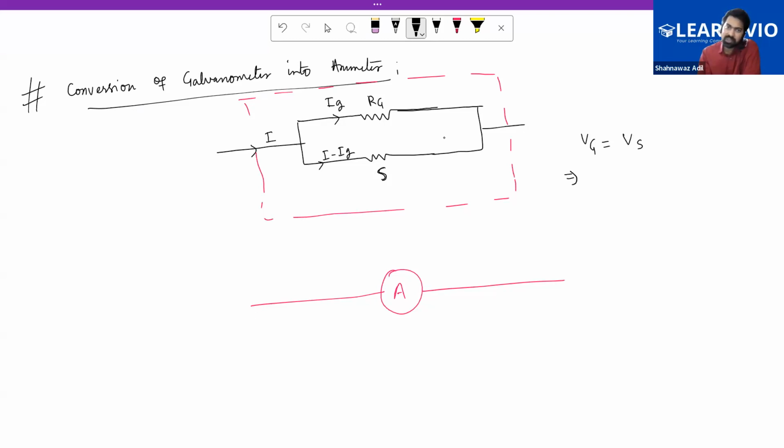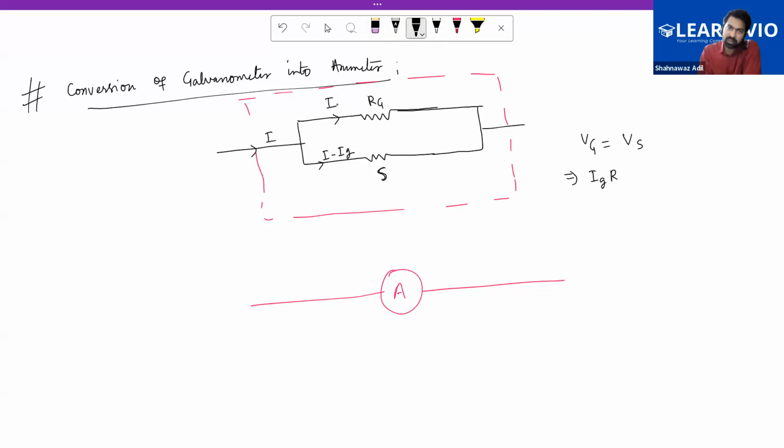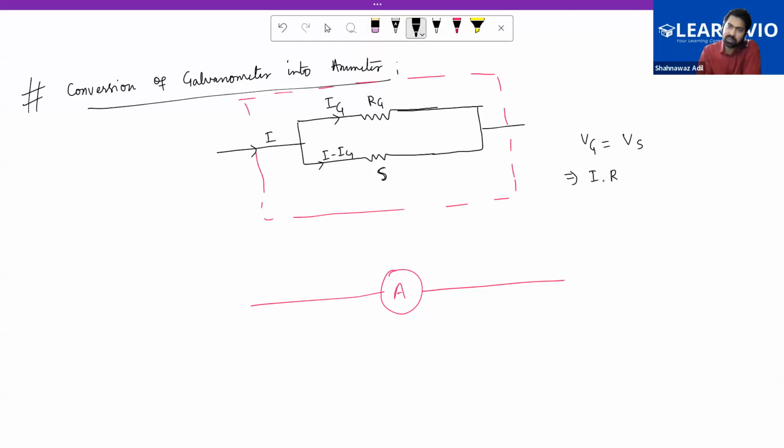The voltage in the galvanometer is Ig Rg, and this equals the voltage in the shunt, which is current into shunt resistance.